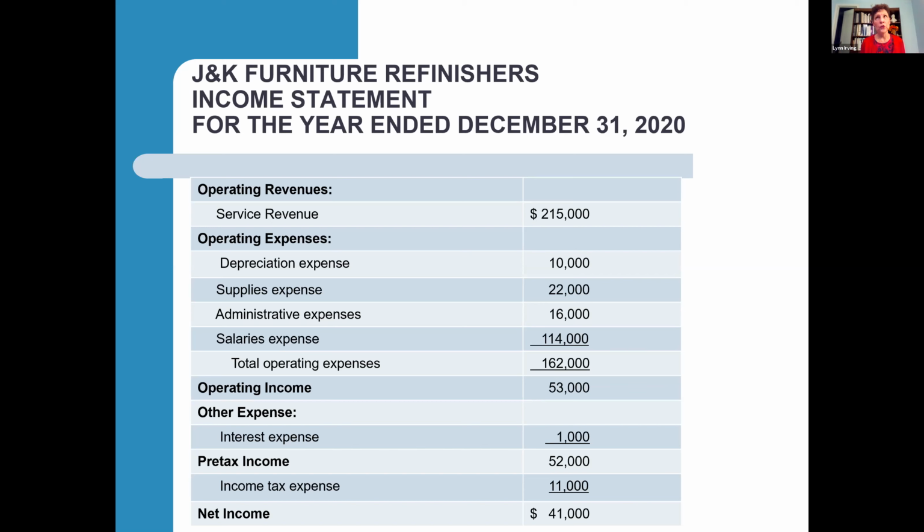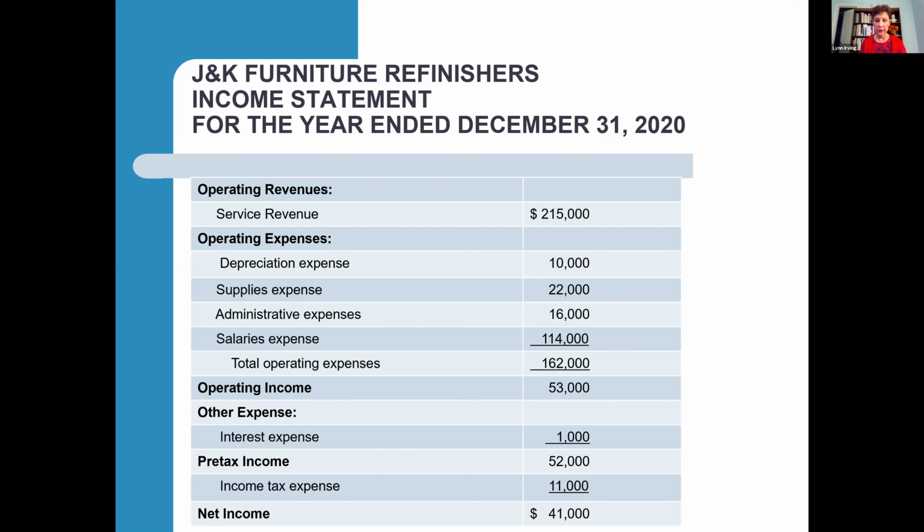And then you must show something called pre-tax income. And income tax expense is so important, it gets its separate line item on an income statement. It does not get lumped up there with operating expenses and other expenses. It gets its own line item. And then finally, you get to net income. So the math on this, you would take the 215 at the top, right?